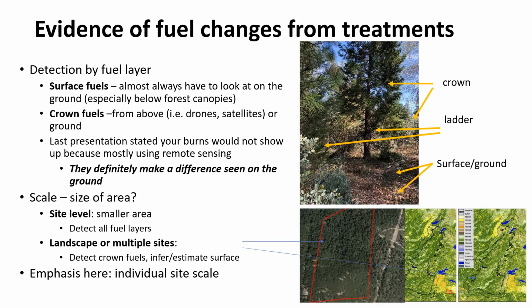I've been involved with LiDAR researchers, and LiDAR is a remote sensing tool that sends signals down through the forest canopy, but it's only going to pick up so much of what's on the surface. So the bottom line is, if you want to know what's changing with the surface fuels and the ground fuels, pretty much the only reliable way to do it is from the ground.